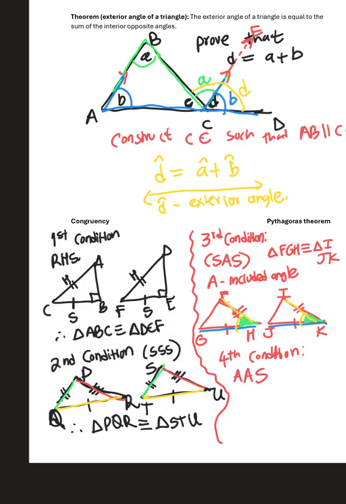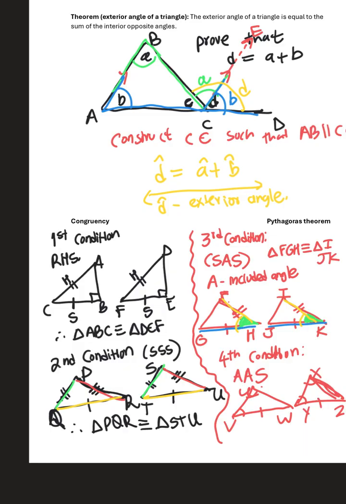If we draw them here, we have two triangles, triangle UVW and triangle XYZ. This angle corresponds with this angle, and this angle with this angle, and this side with this side.